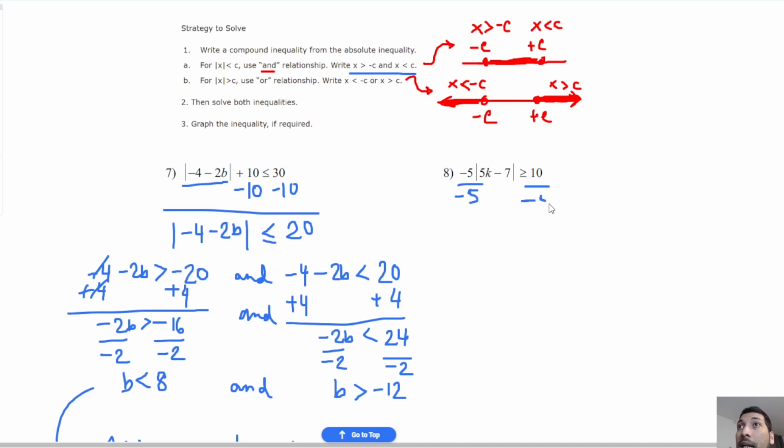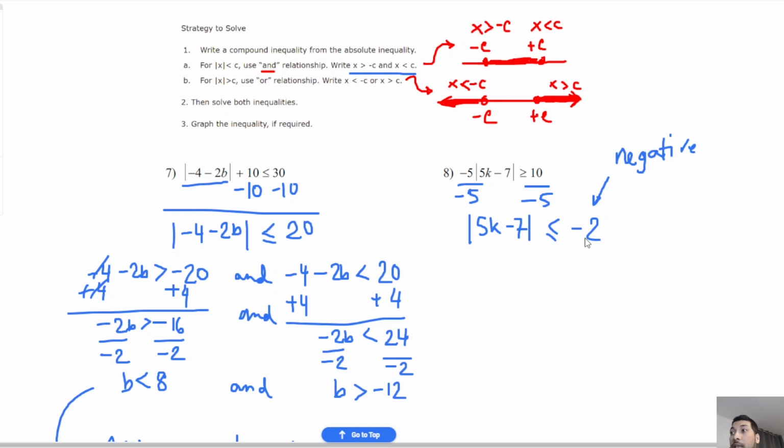When you divide by a negative number, we see that we have the absolute value of 5k minus 7 less than or equal to -2. Since we are dividing by a negative number, this inequality sign reverses, which means we need to use an AND relationship. So here we have the absolute value of this expression less than or equal to -2.